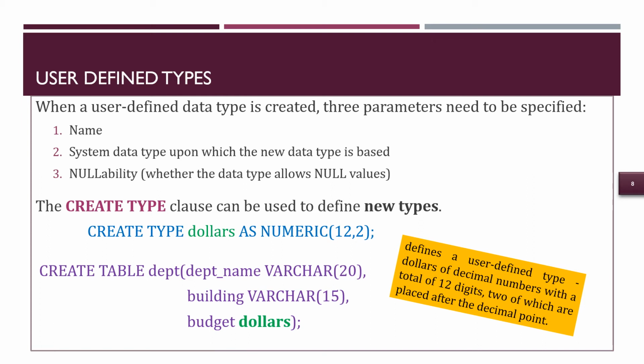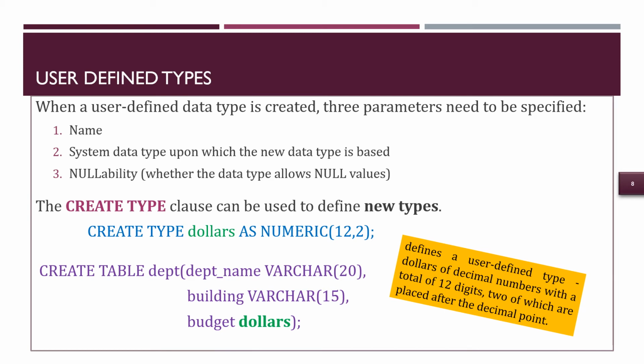And we can make use of this user-defined data type while creating a table. In the example, create table department, department name varchar(20), building varchar(15), and for the attribute budget, its type is dollars.